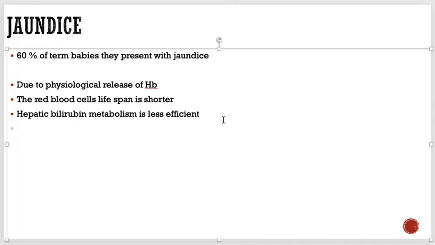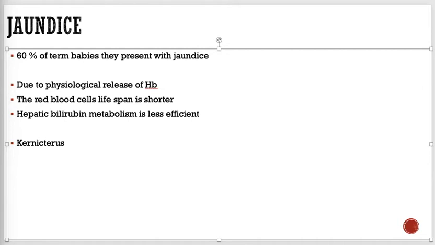When we discuss more about the topic, we are going to discuss this as well. Basically, unconjugated bilirubin can be deposited in the brain, or basal ganglia, which can damage these structures. We call that condition kernicterus.